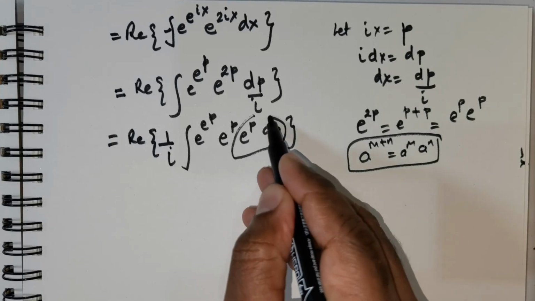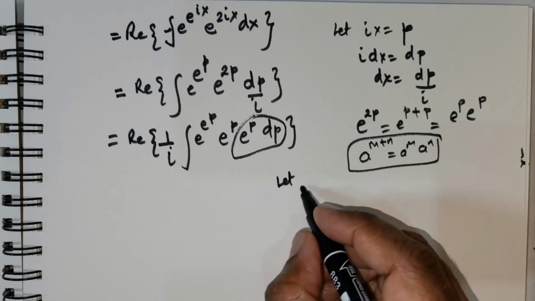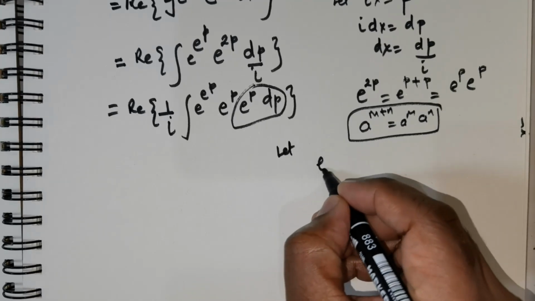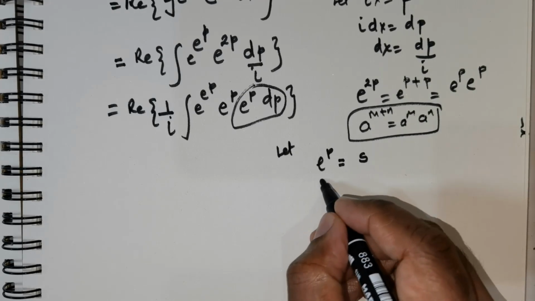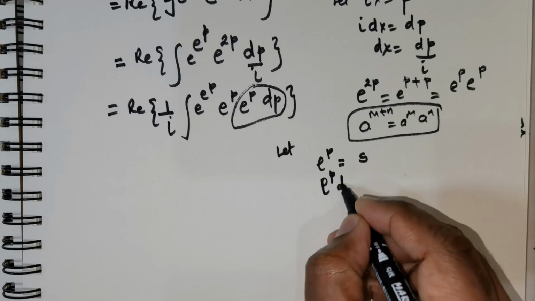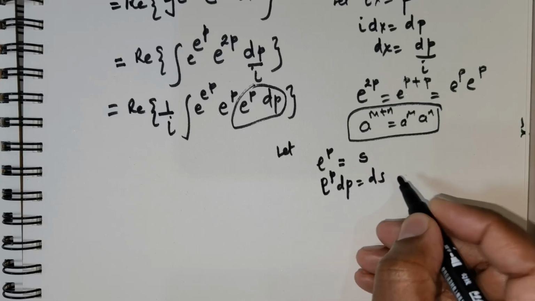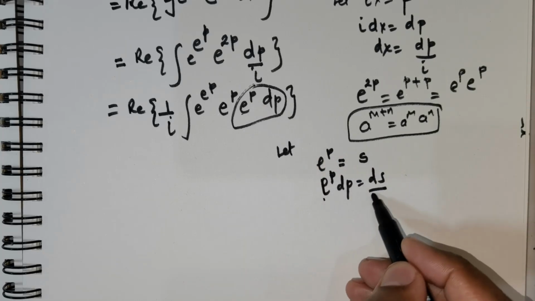Now I would like to club these two together. Now let us make the following substitution. Let e raised to the power of p be equal to some s. Differentiating, you would get e^p dp is equal to ds. So e^p dp would be replaced with ds.